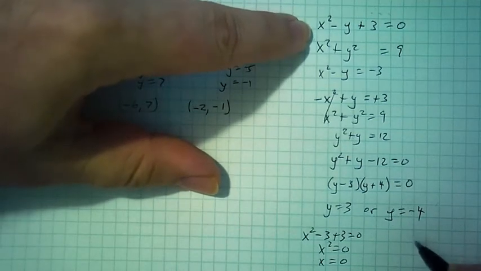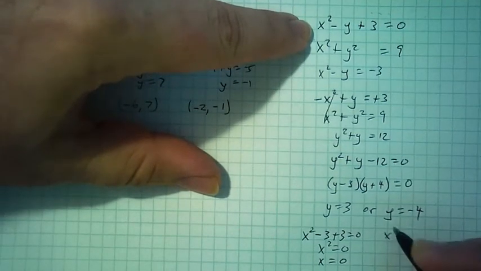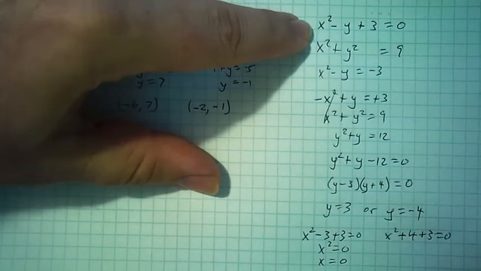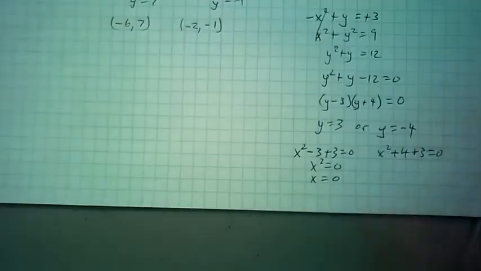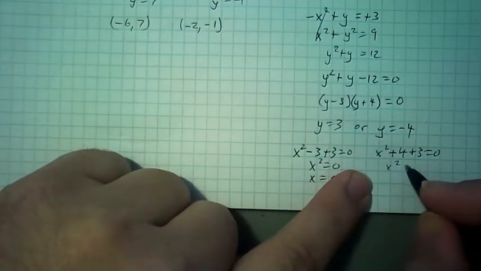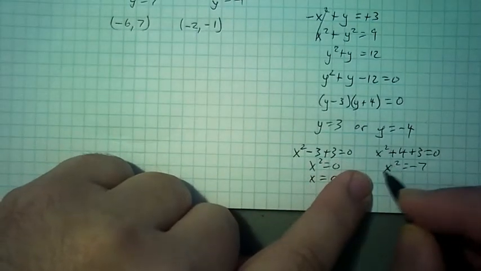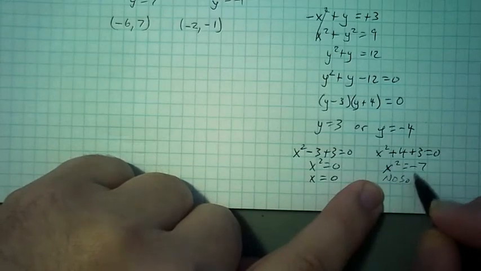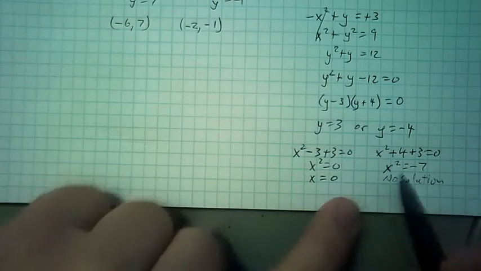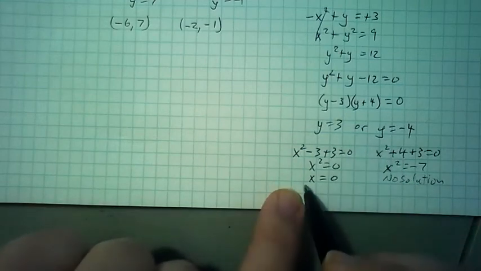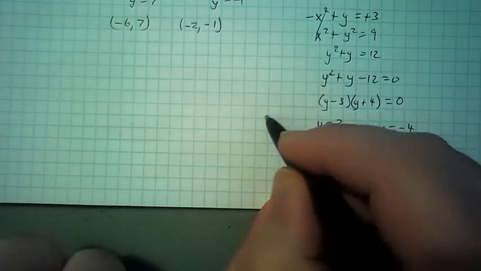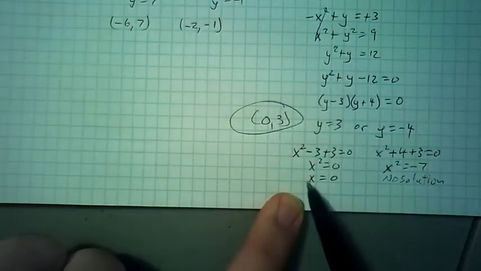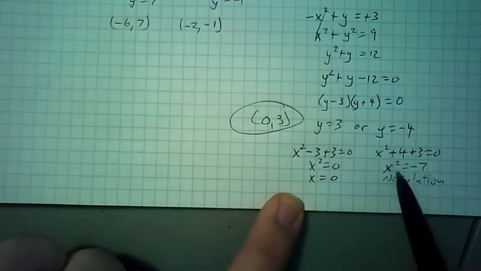If y is -4, this becomes x squared plus 4 plus 3 equals 0, which is x squared equals -7, which is not possible over the real numbers. So it turns out, despite the fact that I got two y's, there's only one solution here, 0, 3. The rest are imaginary.